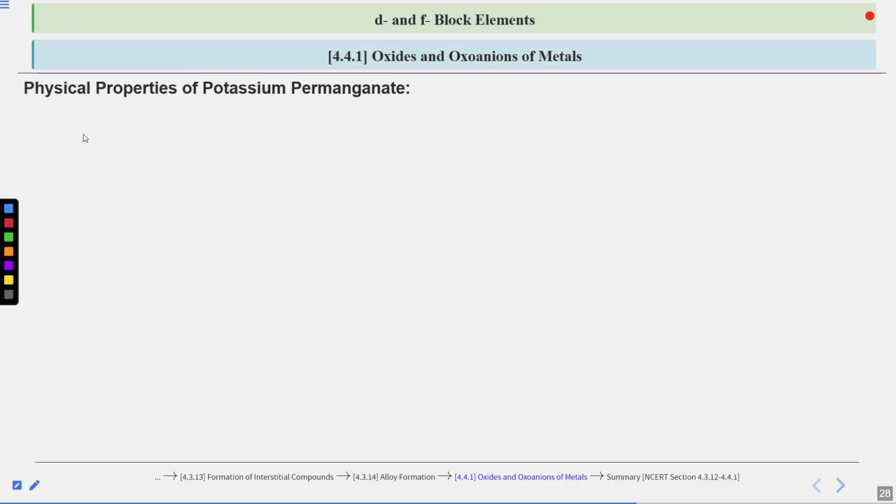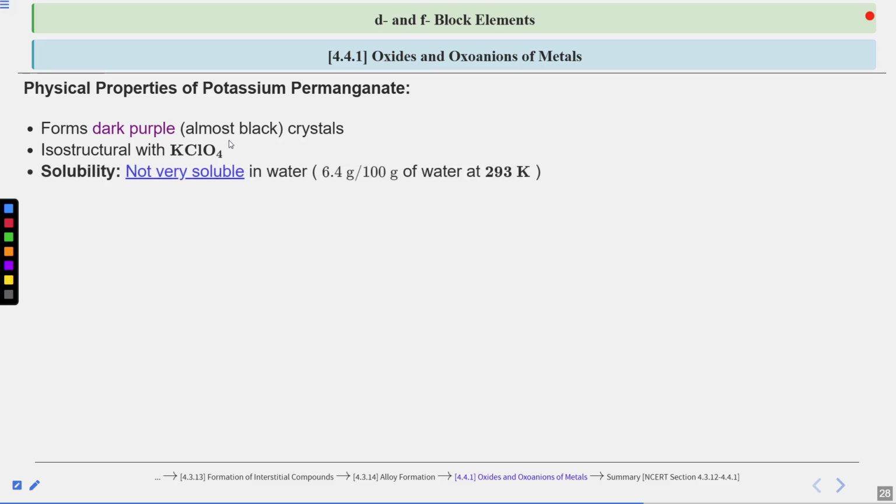Now let's talk about some physical properties of potassium permanganate. Firstly, it forms dark purple, almost black crystals. It is isostructural with KClO4. If you talk about the solubility, it is not very soluble in water, only 6.4 gram per 100 gram of water at 293 Kelvin.